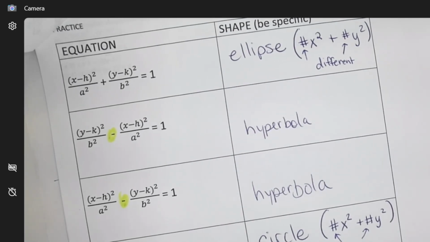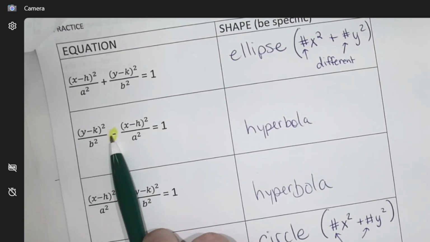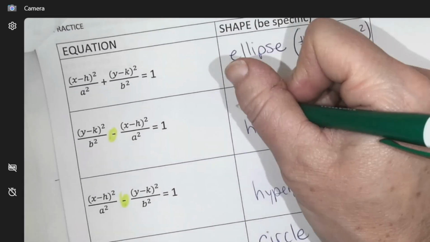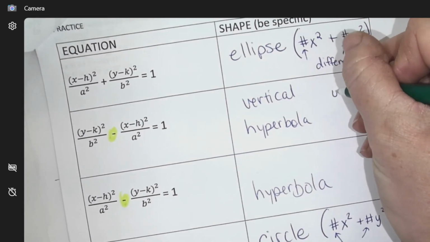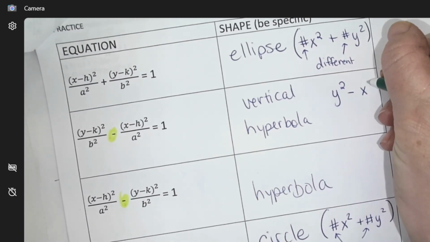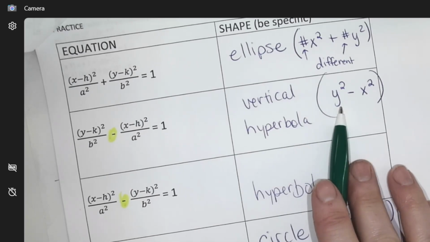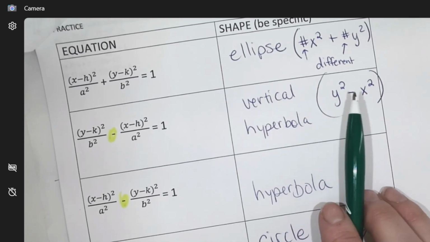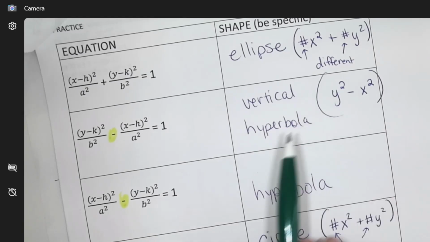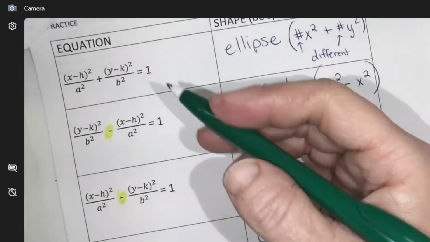So which way do they open? Okay, so this one has the y squared positive, so it's going to go vertical. So how can I identify it? There's a positive y squared, but a negative x squared. And then this one is going to be the horizontal.